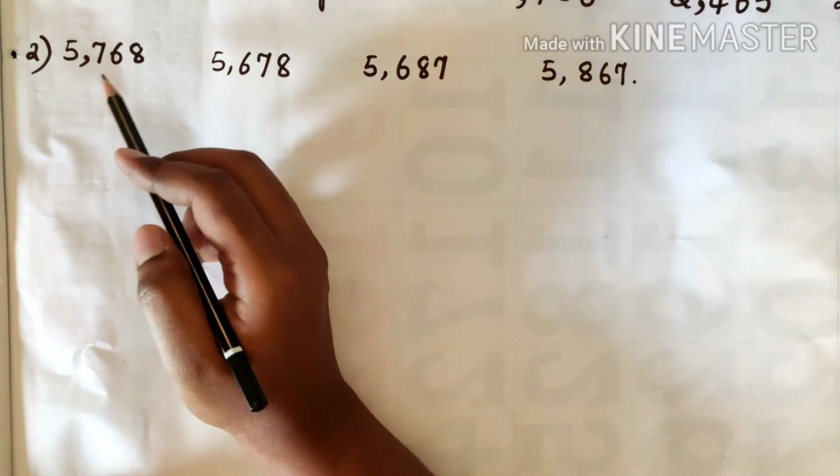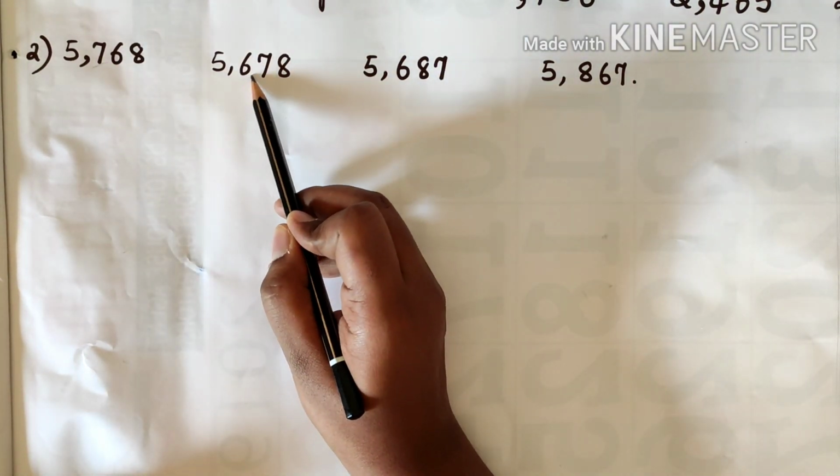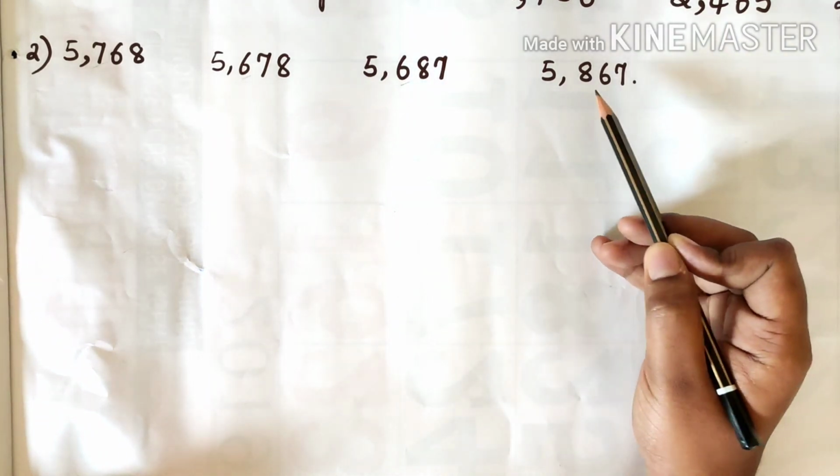Now next what shall we do? We have to see hundreds place. Let us see in hundreds place. We have 7 here, 6 here, 6 here and 8 here. So out of 7, 6, 6 and 8, which is the smallest number?